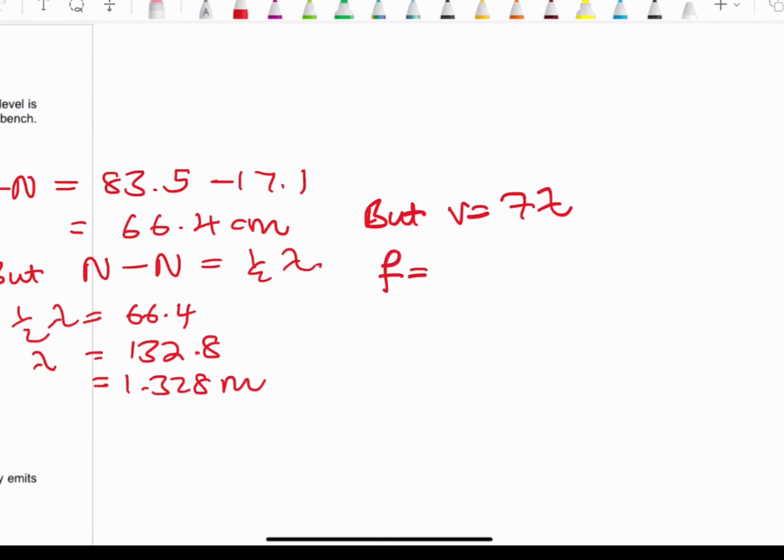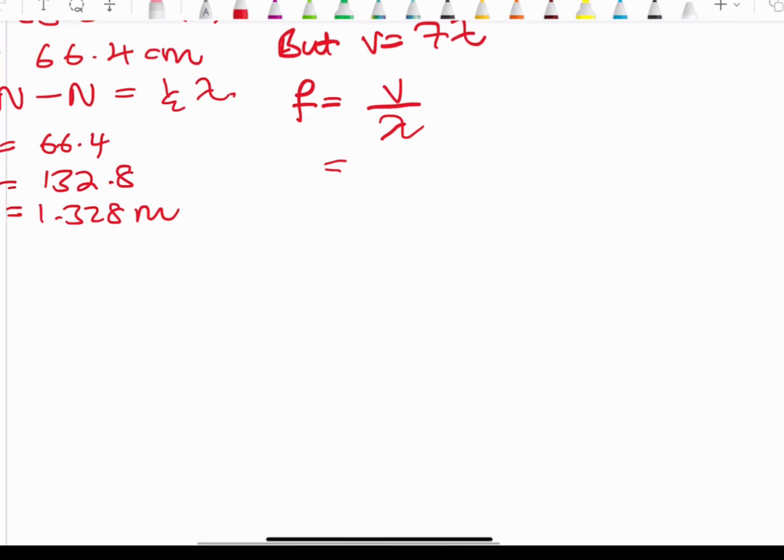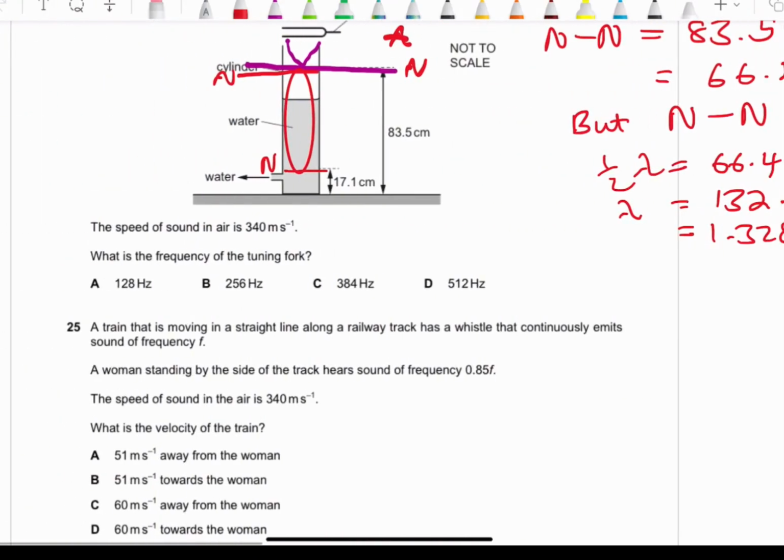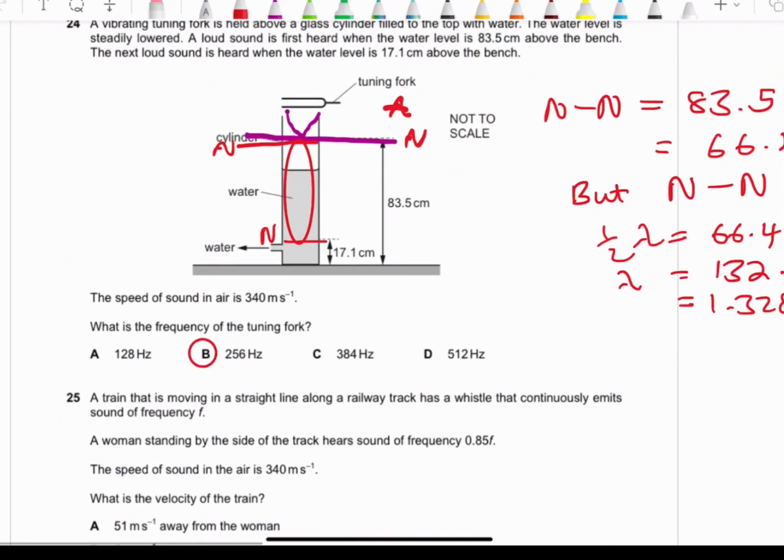So the value of f is v over lambda, and v is 340. So it's 340 divided by 1.328. Once you compute this, we find our frequency as approximately 256.0240 hertz, so about 256 hertz, and the answer is going to be B.